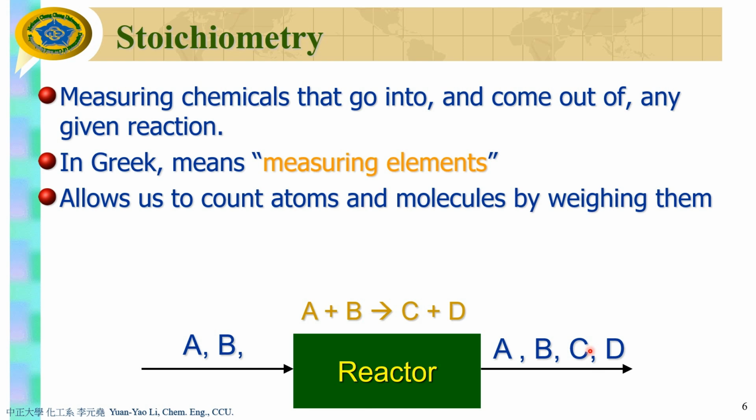I'm sure you all know this already. It measures the chemicals that go in and come out of any given reaction. In Greek, it means measuring elements. So the elements need to be exactly input equal to output.